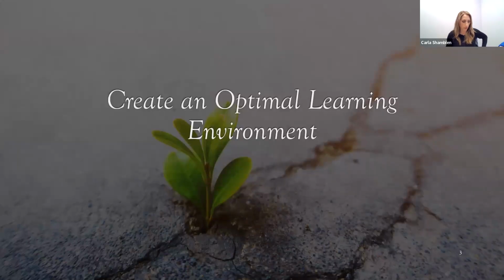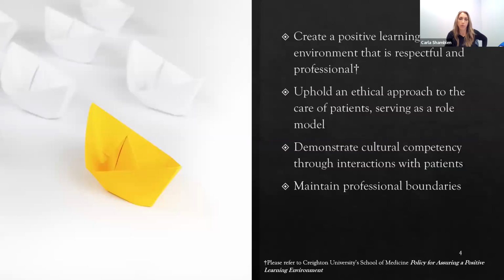So first off, I wanted to talk about creating that optimal learning environment and what that means. Obviously, we want it to be a positive learning experience for students in a positive learning environment. And with that comes demonstrating that you're a mentor and a tutor, demonstrating respectfulness to staff and to other colleagues, and professionalism.